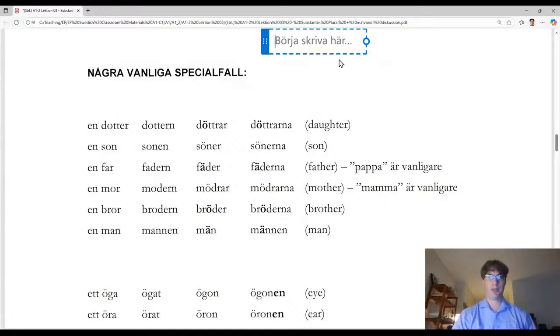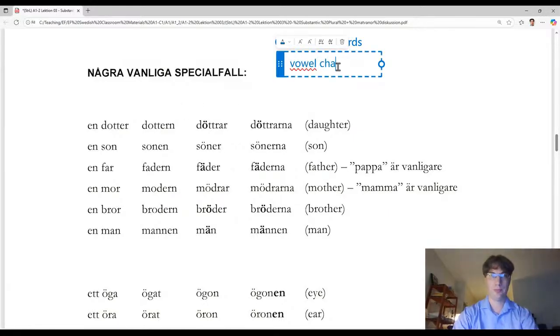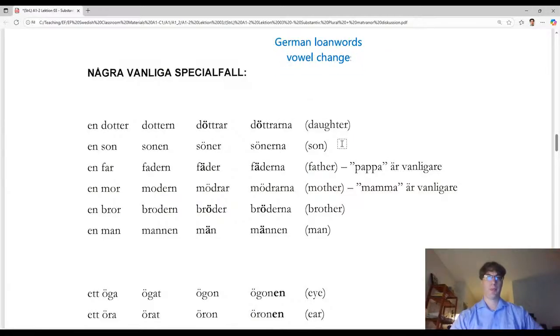These are German loan words, right? And so then you get the vowel changes. So going from O, you get to Ö.